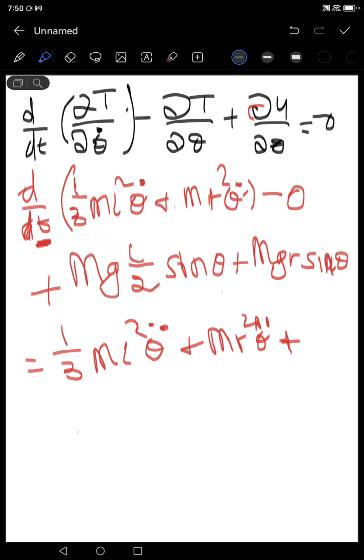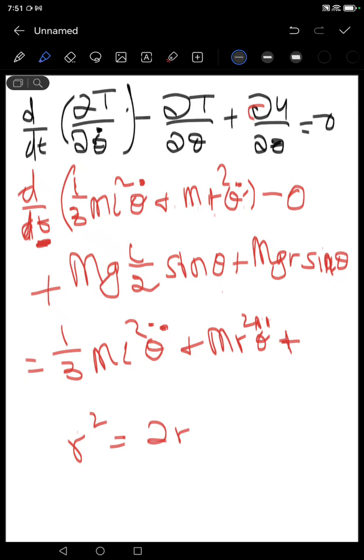And remember, our generalized coordinates are theta and r. So here when we differentiate, we're going to focus on r and theta. So we start with theta, and now let's focus on the r. To differentiate mr squared theta dot with respect to r, we differentiate r. The derivative of r squared is 2r.